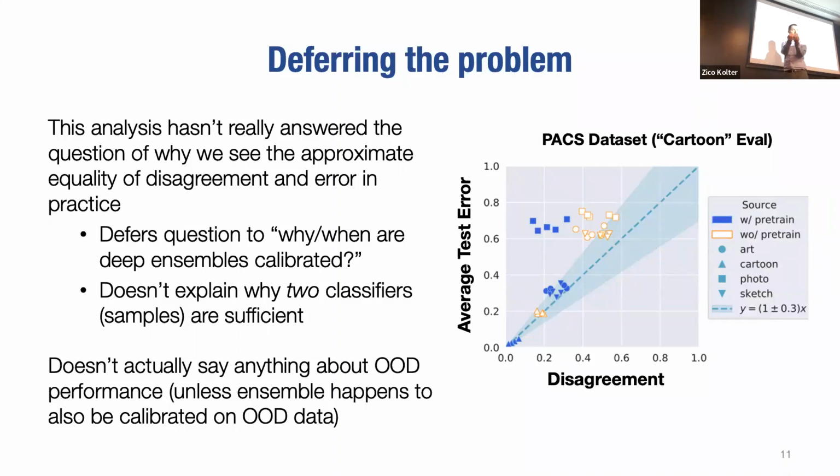So if all my classifiers lie on this line here, and I want an estimate of the performance of that classifier, I just train two of them instead of one, look at their disagreement on this new OOD data set, and that gives me an estimate of their performance on it.